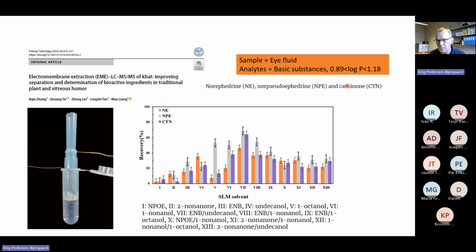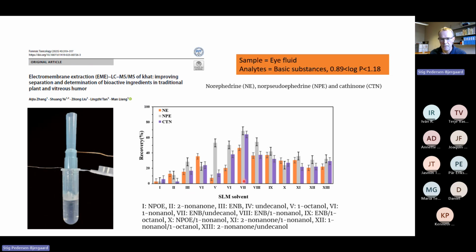And this is because the log P values of these substances are outside the extraction window of NPV. And then you can see that recovery varies significantly with the organic membrane. So the composition of the liquid membrane is a key parameter in EME and has to be optimized.